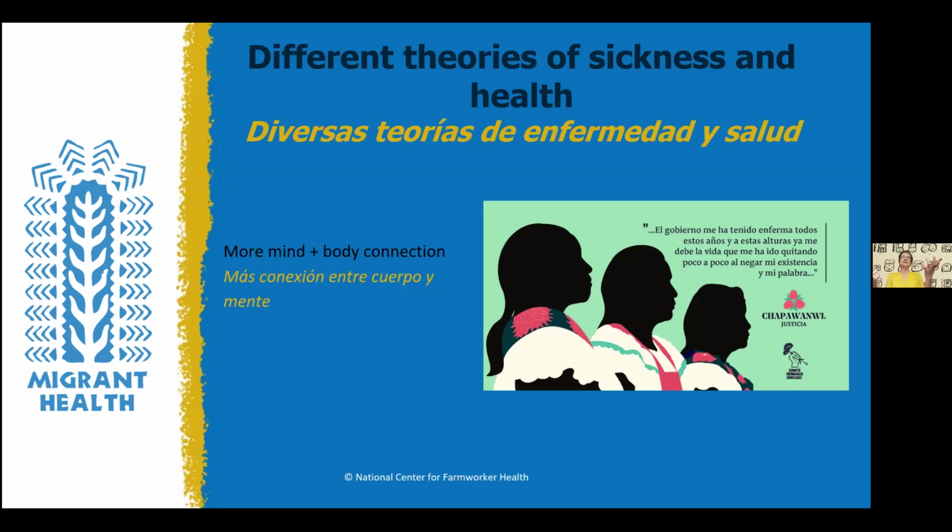For a system we might take for granted in the body, like your cardiovascular system, there might be several sentences of explanation to come up with an equivalency for that in a Mayan language. Next slide, please.